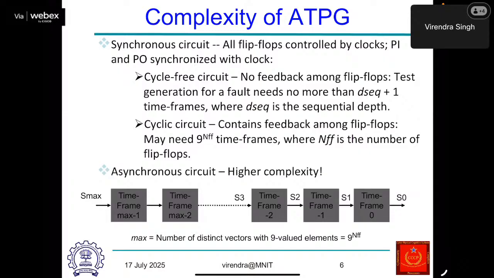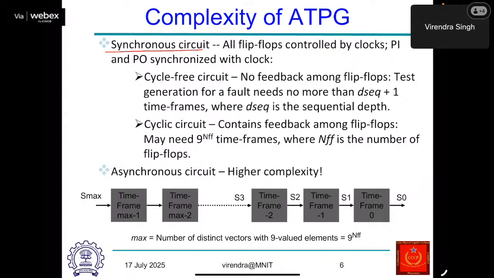So in last class we were discussing that any synchronous sequential circuit has a few flip-flops. Now the circuit can be of two types. One is where there may not be any cycle in the circuit, so it is only a feed forward circuit with some storage element.